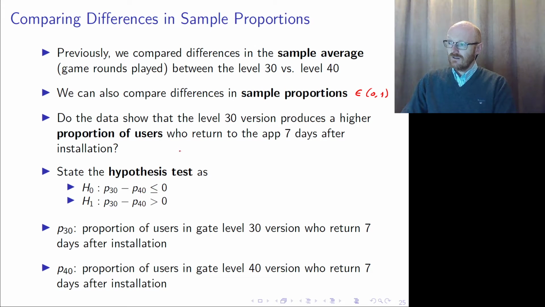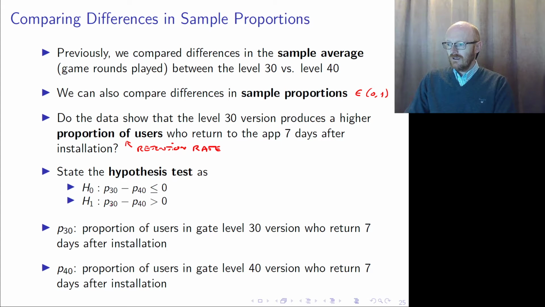Then we have to look at the hypothesis, and this is the gamer retention rate, and we want this to be higher. So if we change the game, will the retention rate go up? Then we follow the alternative hypothesis.